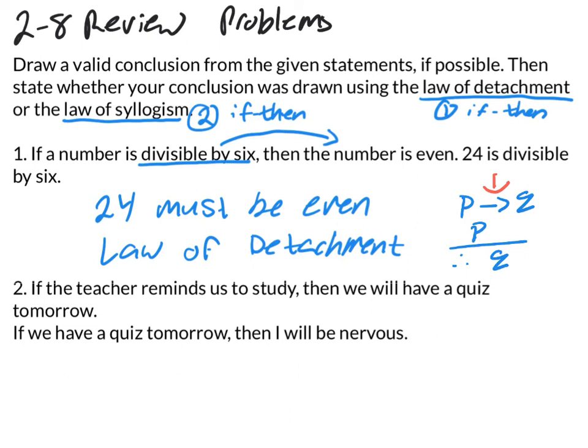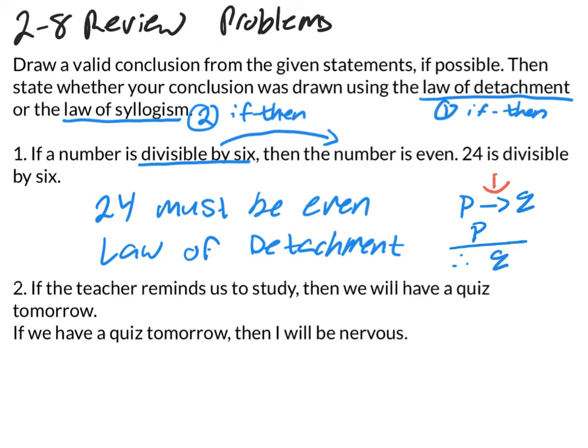Okay, number 2. If the teacher reminds us to study, then we will have a quiz tomorrow. If we have a quiz tomorrow, then I will be nervous. So this has 2 if-then statements, which should clue us into potentially using law of syllogism.